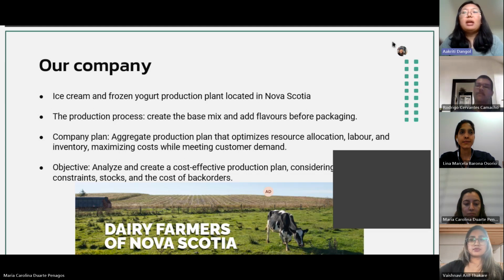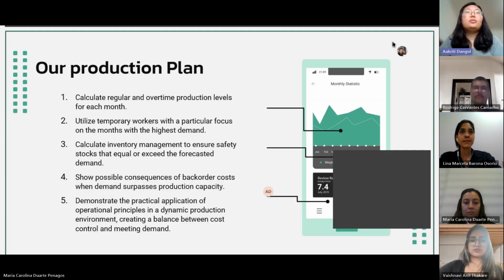At the same time, the manager has to minimize the cost, but should also ensure that customer demands are met. So, the main objective here is to analyze and create a cost effective production plan while considering certain aspects, such as labor constraint, inventory management, and the cost related to these, as well as the cost of back orders. Now, I'd like to forward this presentation to Rodrigo.